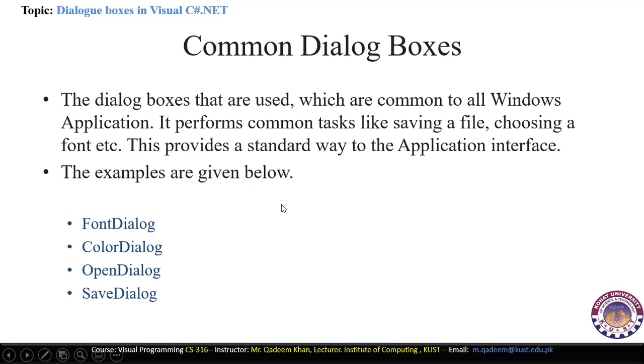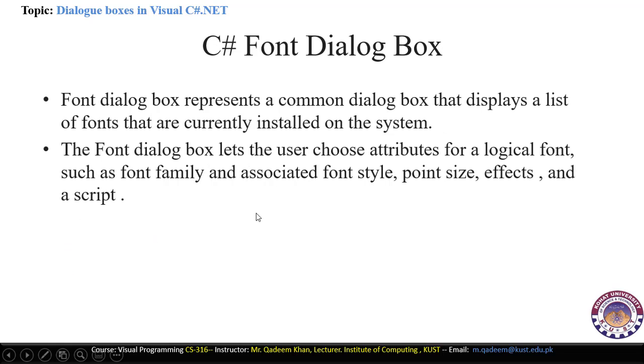These dialogs are used for common purposes such as changing the font of the GUI or the text boxes, changing colors, opening files in the text area, and similarly saving the files that are typed into the text area. So these dialogs help us for multiple purposes.